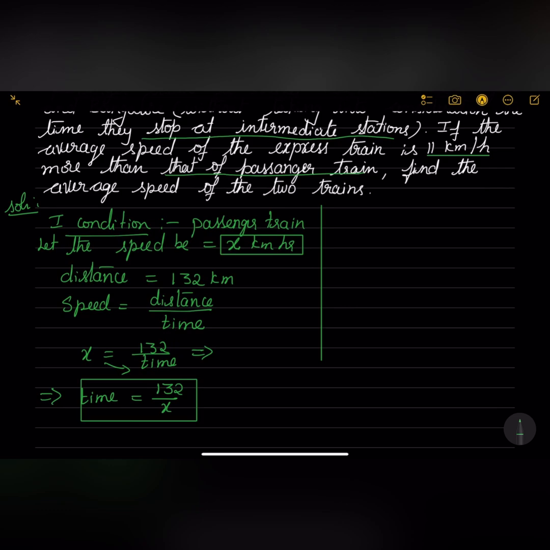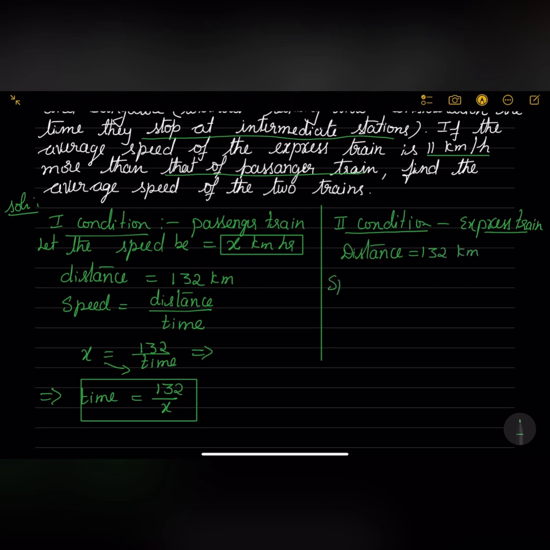And we will go for the next one, that is second condition for the express train. Now what they have given, distance is same, right? So distance is 132 kilometers between Bangalore and Mysore.